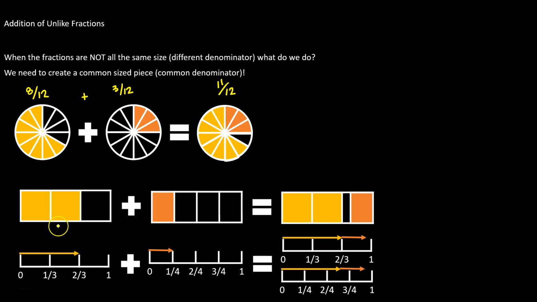We can do the same thing in any one of our visual representations of these fractions. So if I were instead using a rectangle diagram, I would still make the same number of cuts. So remember that we took the yellow pieces and cut them into 4 pieces. And we took the orange piece and cut that into 3 pieces.